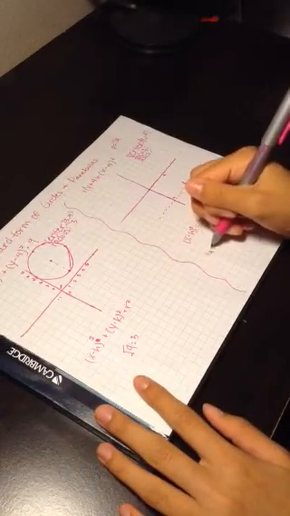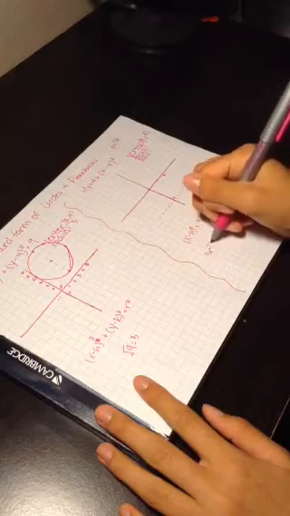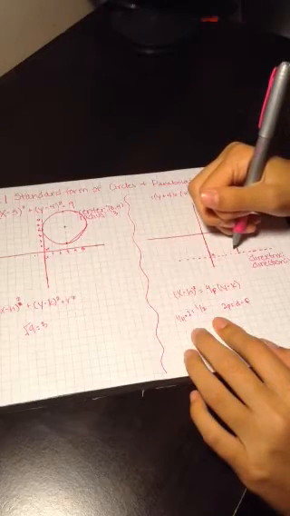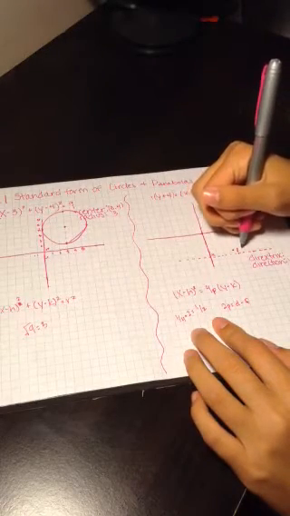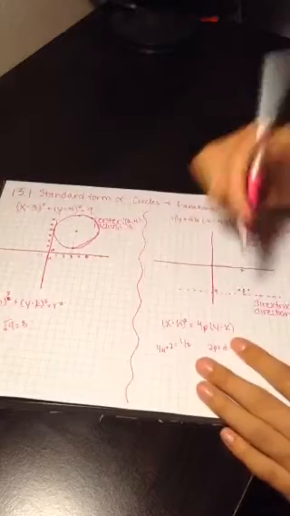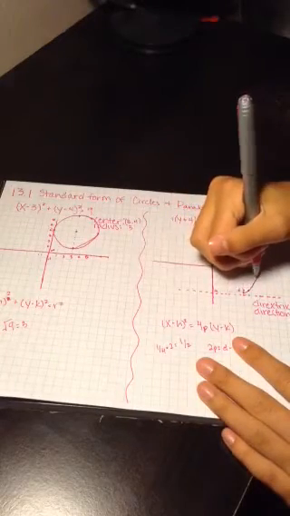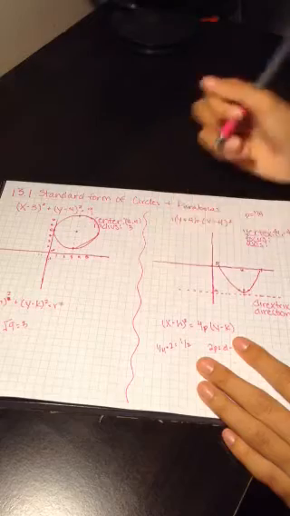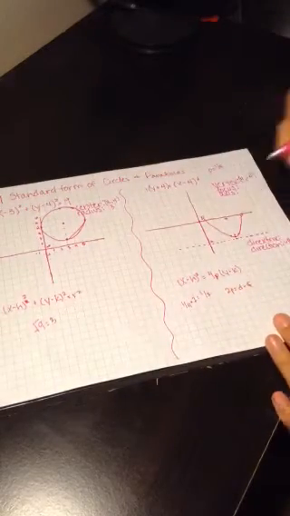So 2 times 1/4 equals 1/2. We have to go 1/2 this way and 1/2 this way, and that shows you where your parabola opens up at. It just keeps on going up.